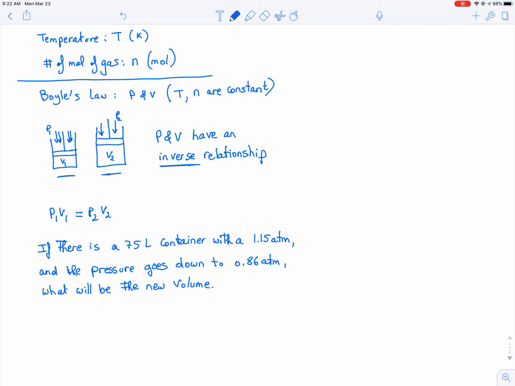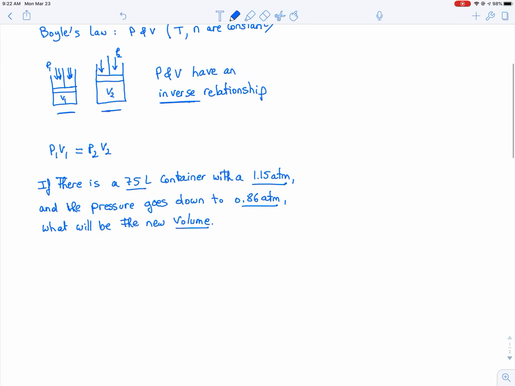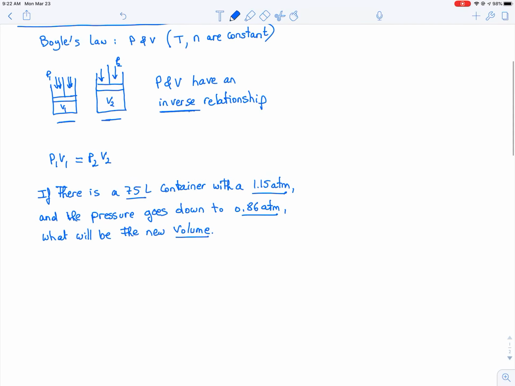So here you look and you say, oh, I'm given a volume, I'm given a pressure, another pressure, and I'm looking for the volume. So you know that you're going to use something that has P1 V1 equal to P2 V2. When we do the gas laws, it's very important to write your variables. Write everything that's given.